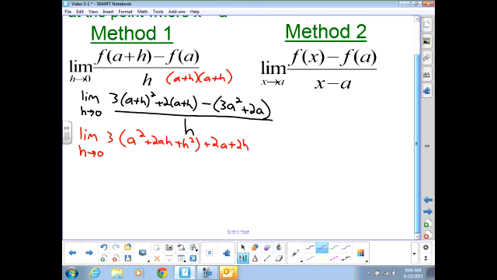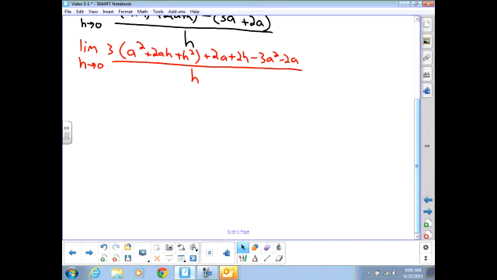And we'll distribute the negative to give us minus 3a squared minus 2a all over h. We'll continue to simplify by distributing the 3. And keep in mind, the reason we're doing this is we're trying to eventually cancel out the h so we can do direct substitution.